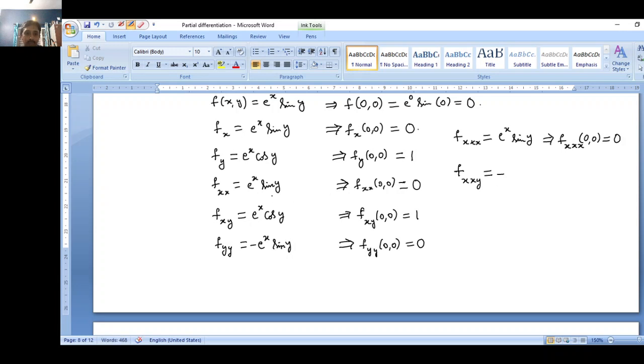So fxxy will be e power x into cos y, because we'll have to differentiate fxx with respect to y. Okay, so taking the value as fxxy of 0 comma 0 to be 1.